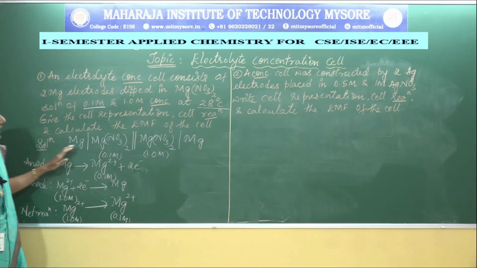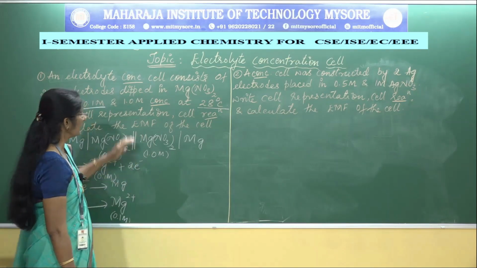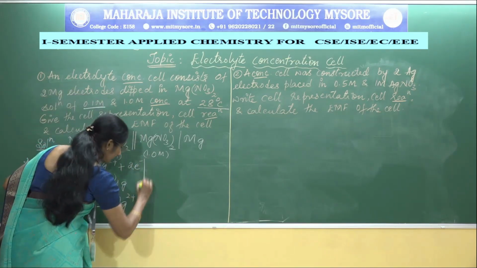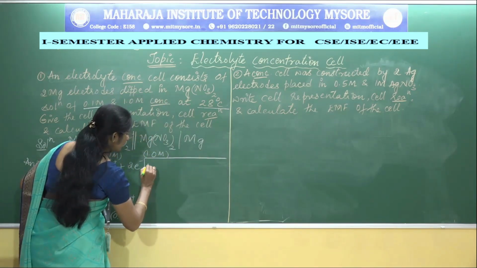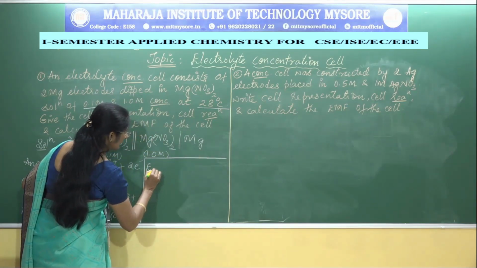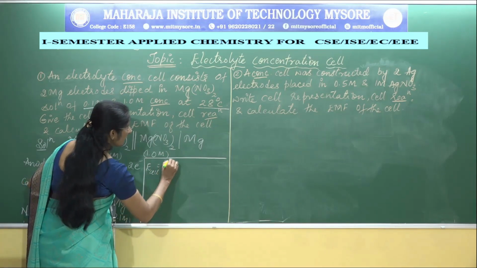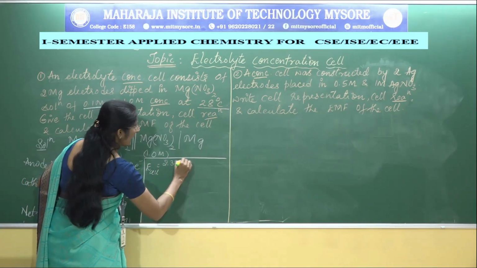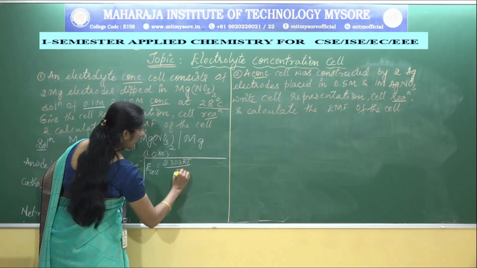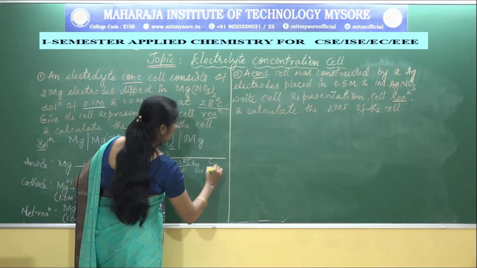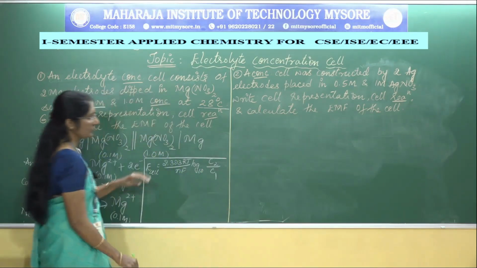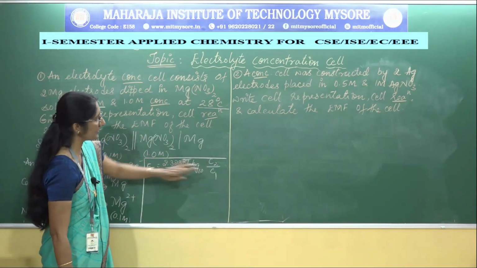Then we have to calculate the EMF of the cell. What is the general formula to calculate the EMF of an electrolyte concentration cell? E cell is equal to 2.303 RT divided by nF log base 10 of C2 divided by C1. Always C2 is greater than C1.